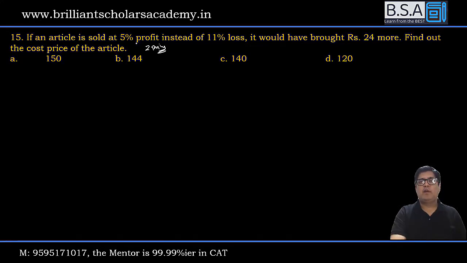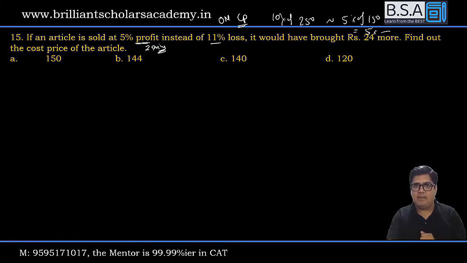Whether it is profit percentage or loss percentage, it is on the cost price. Whenever you calculate percentage on the same number, you can add or subtract percentages. If I say 10 percent of 250, and 5 percent of some other number 150, I cannot subtract and say it is 5% of a single number.